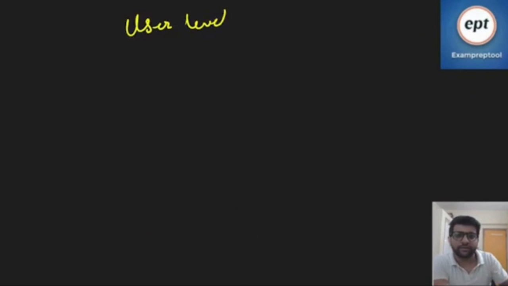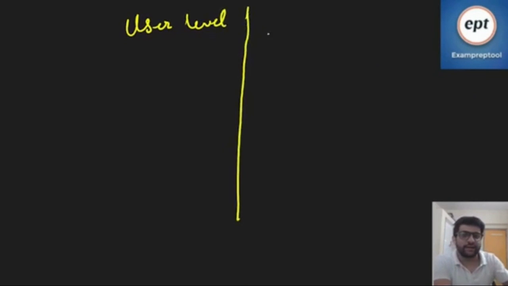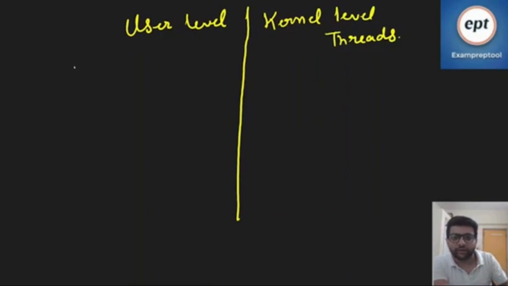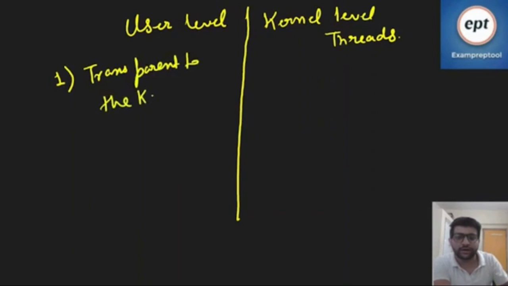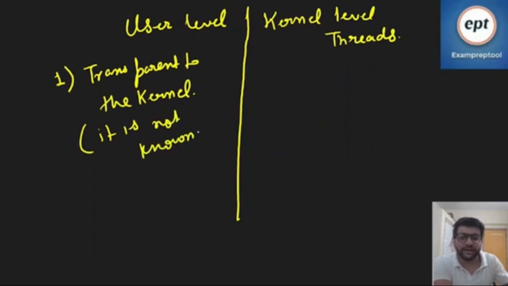We have user level threads and we have kernel level threads, right? So we know that the user level threads are transparent to the kernel, which means they are not known to the kernel, right? So the kernel is completely unaware of these user level threads.